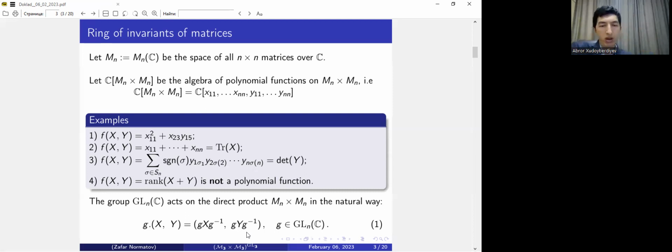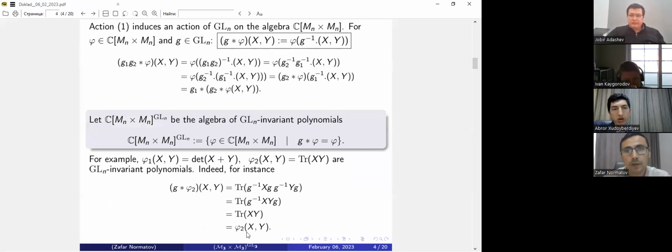Okay. Then we have the G from the general linear group. So it has the inverse, right? So also we can define this action, right? Yes. So now we apply this to these pairs in the polynomial.